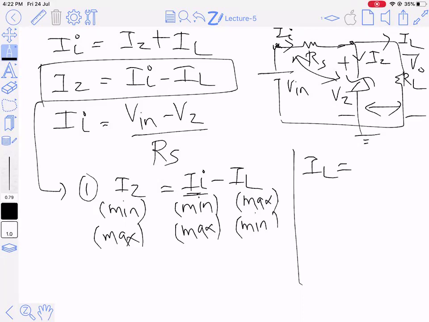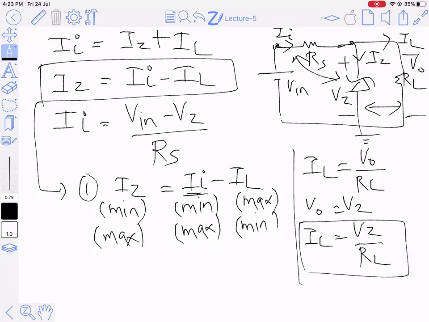So IL is equal to V0 by RL. And I know that V0 is nothing but Vz. So I can write IL as nothing but Vz by RL.